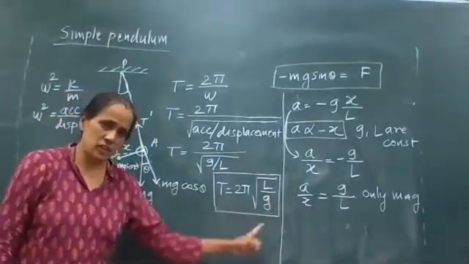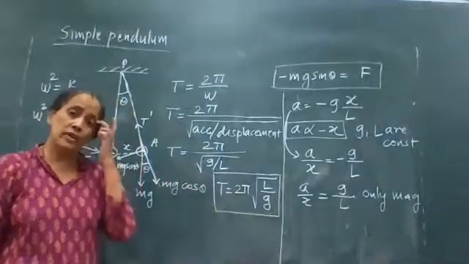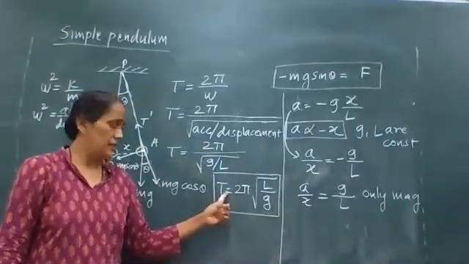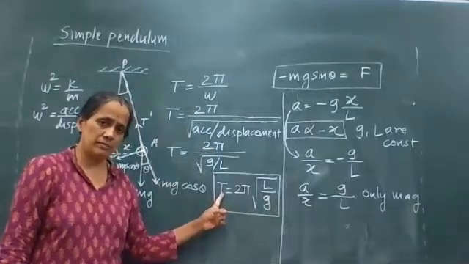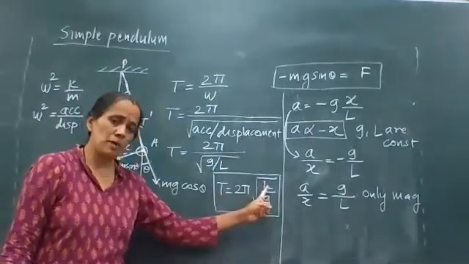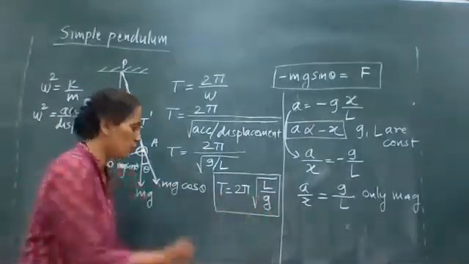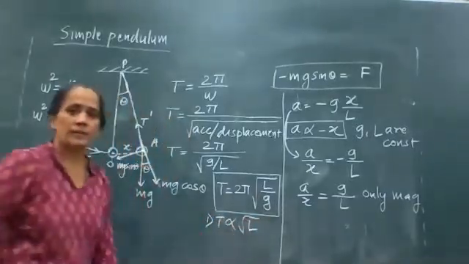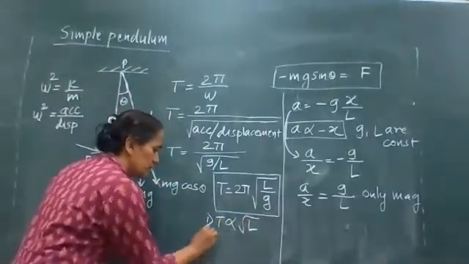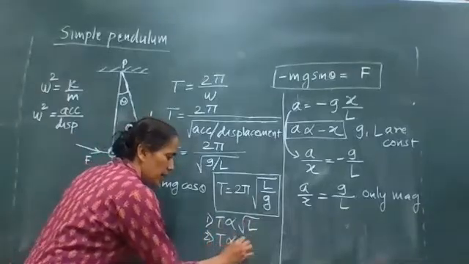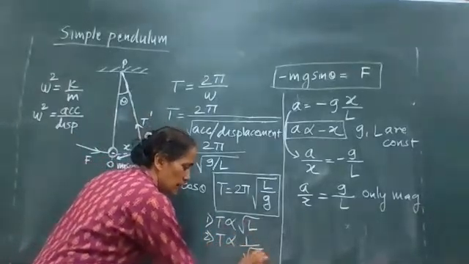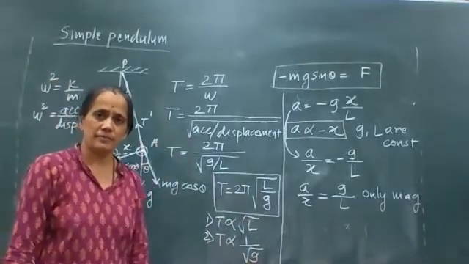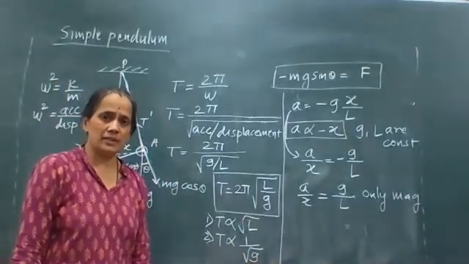And now from this derivation, what can we conclude? The first conclusion: the period of a simple pendulum is directly proportional to the square root of length. Second conclusion: the period of a simple pendulum is inversely proportional to the square root of acceleration due to gravity.